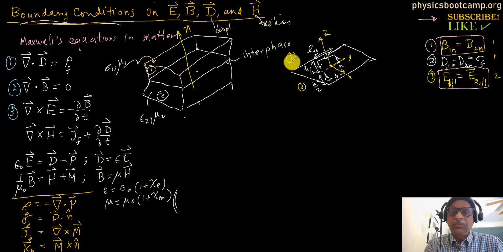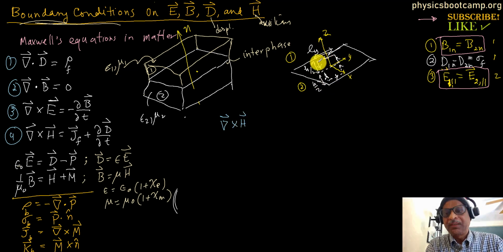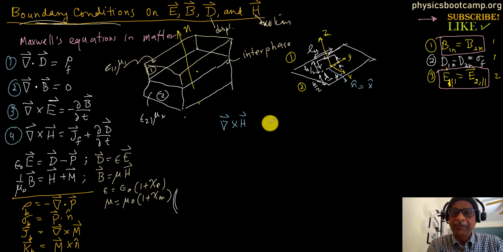Okay, so we do del cross again the same way for the fourth. We can do it on the del cross H, and for concreteness we take a loop whose normal is along the x direction, which is i hat.